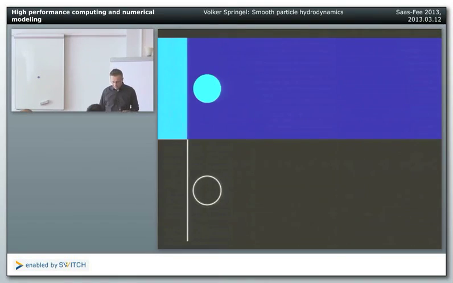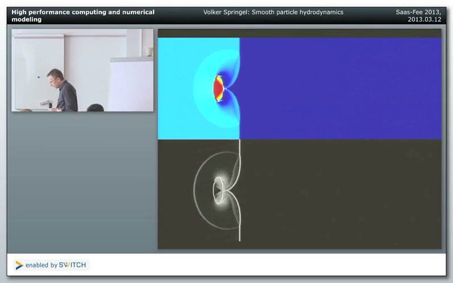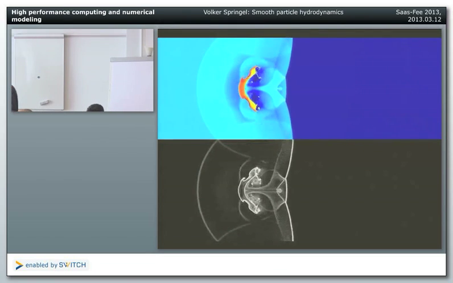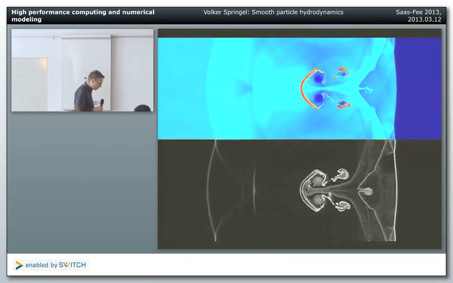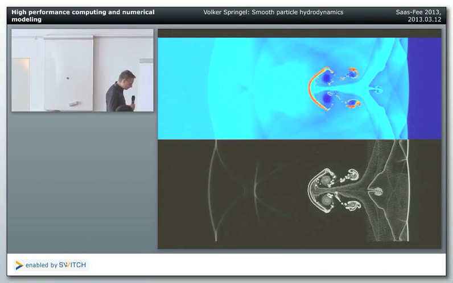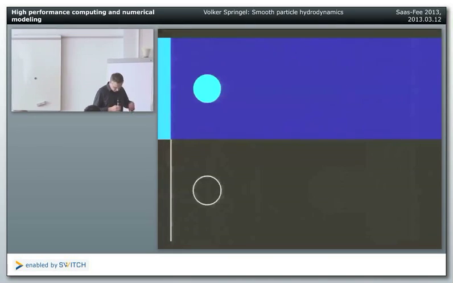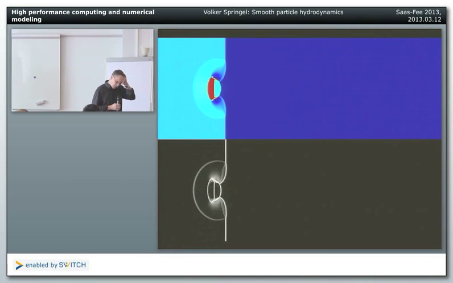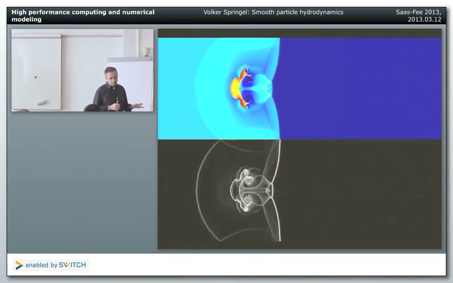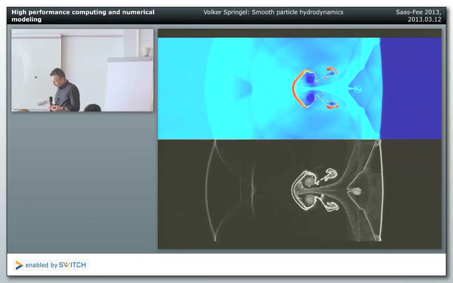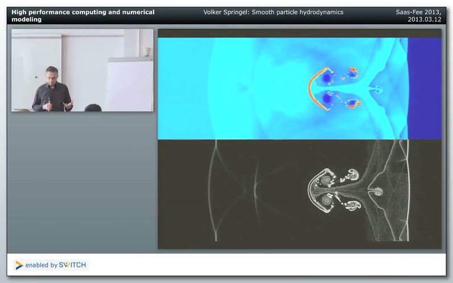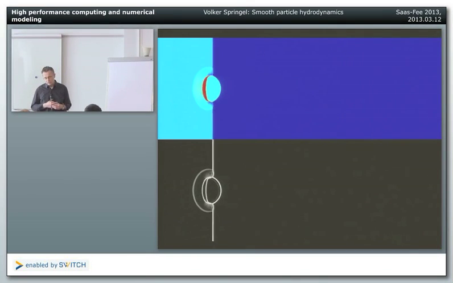It produces the correct post-shock flow, post-shock properties, and it injects the right amount of viscosity, entropy, I meant. So SPH injects the right amount of entropy at a shock, and the properties of the post-shock flow are correct, and they agree with what the Rankine-Hugoniot jump conditions say.